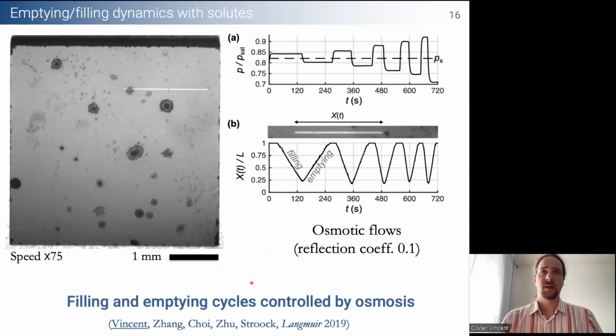And the systems I've shown up to now where we added salts are systems where we fill, empty and refill cavities in the system that are macroscopic, but we don't look at the drying of the nanoporous layer itself and what happens when this happens.